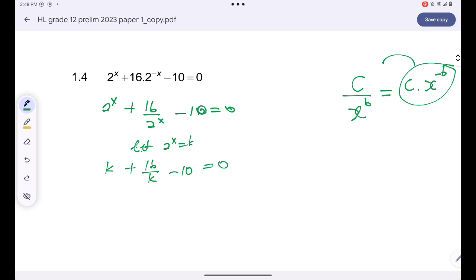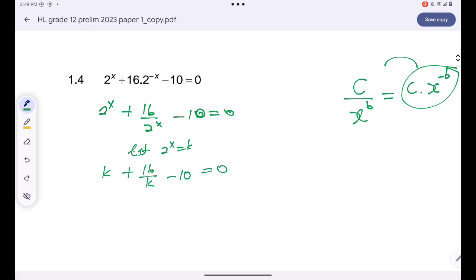How can I remove fractions? By multiplying each and every term by the lowest common denominator. We only have one denominator, which is k, so I'll multiply each and every term by k. I'll end up having k squared minus 10k plus 16 is equal to 0. Are you together?